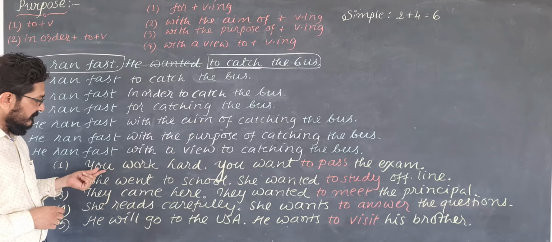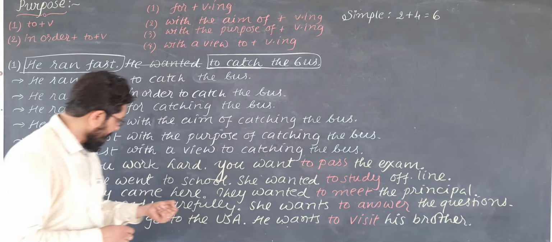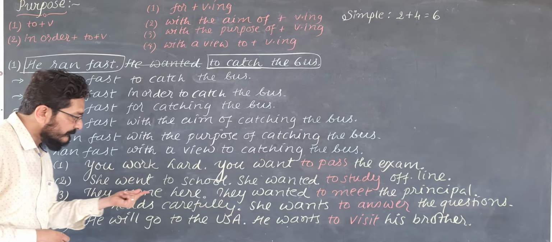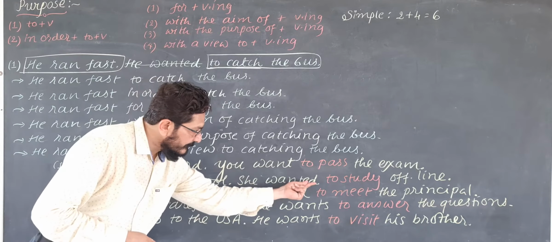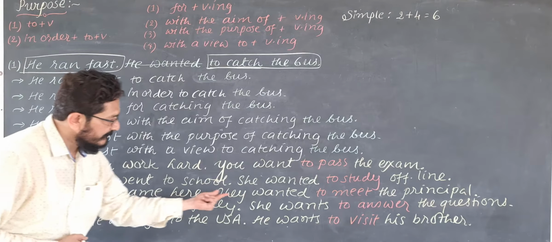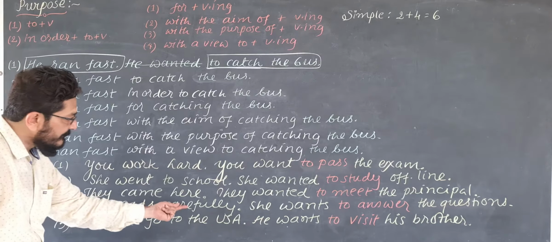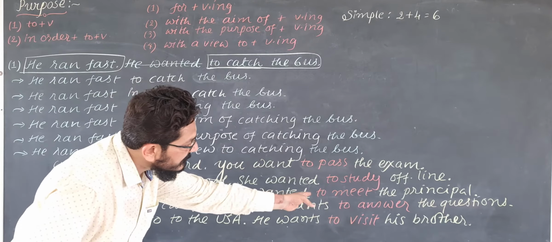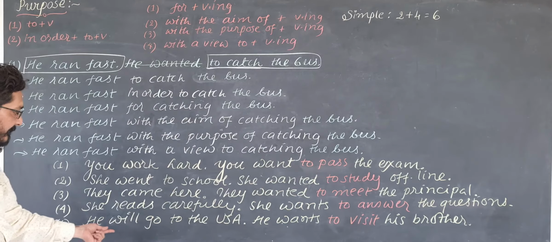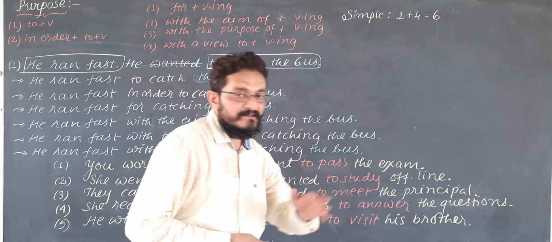The first one is you work hard, you want to pass the exam. Second is she went to school, she wanted to study offline. They came here, they wanted to meet the principal. She reads carefully, she wants to answer the questions. He will go to the USA, he wants to visit his brother.